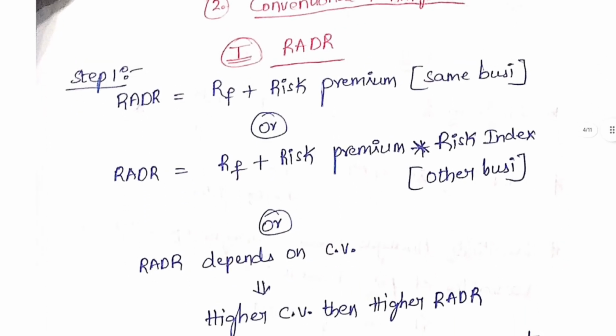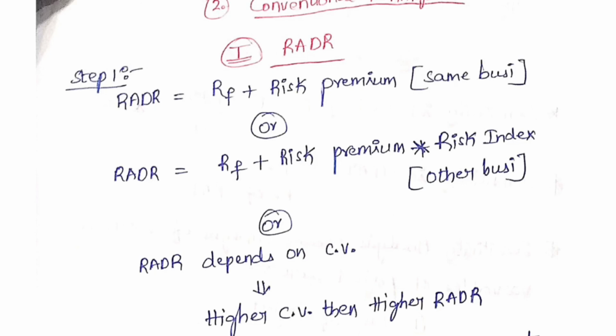Next, conventional techniques. First one, RADR, risk adjusted discounting rate. Following are the steps. Step 1, calculate RADR. RADR equals RF plus risk premium, if the business is the same. If the business is different, RADR equals RF plus risk premium into risk index.